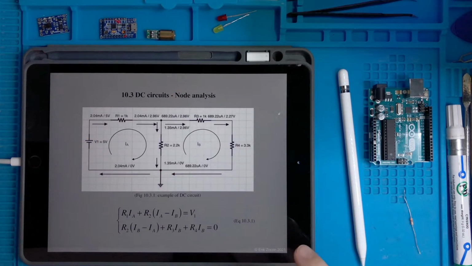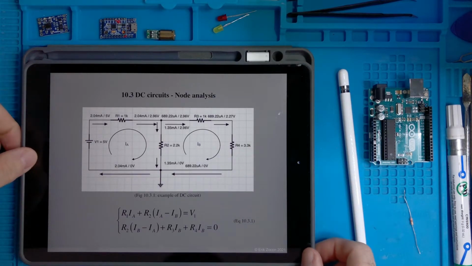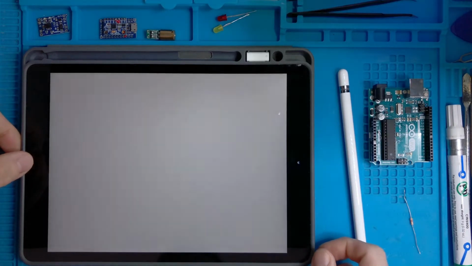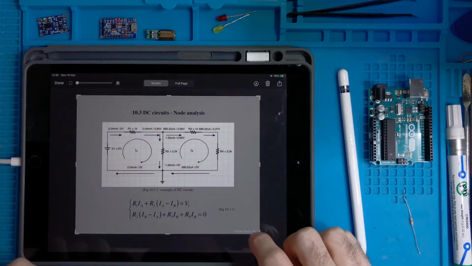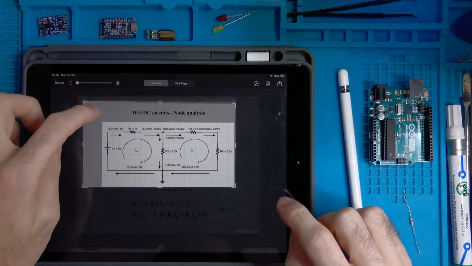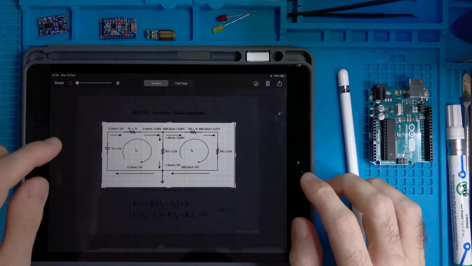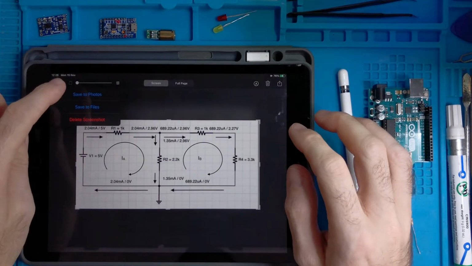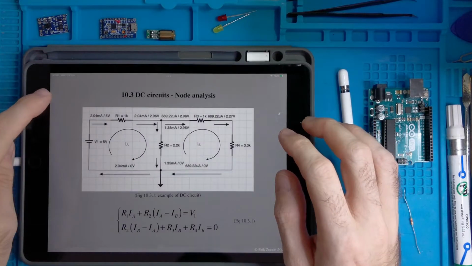Okay, so let's try to solve this circuit with this method. So I take a snapshot, then I save it to the photos.